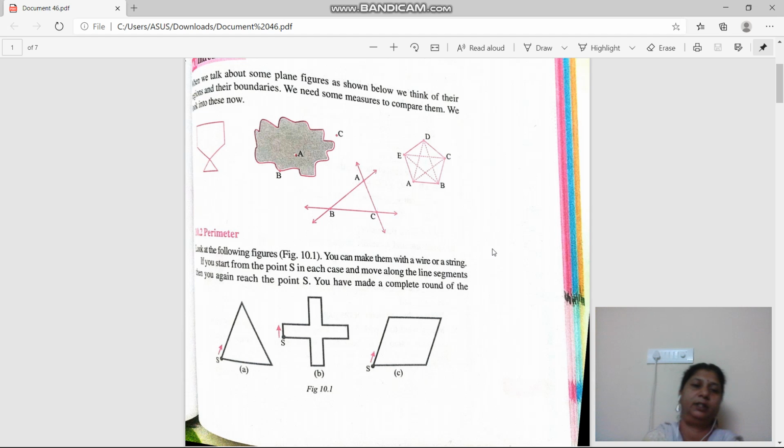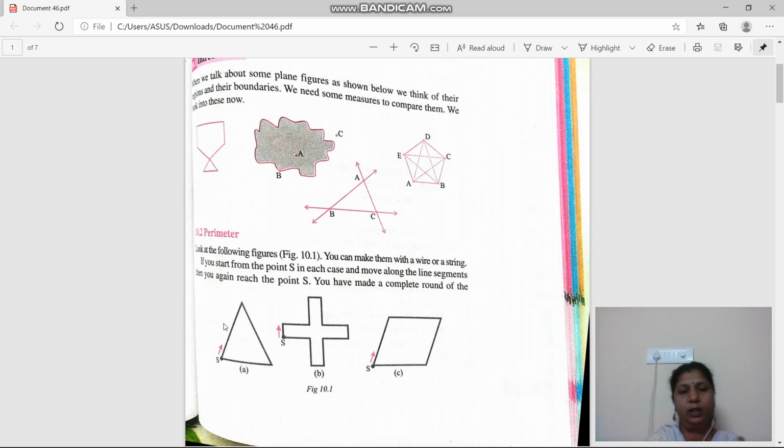Okay, now see here. If I want to measure the perimeter of a triangle, suppose this is the ground, and I start walking from this point S. I walk from this point to the next vertex, then I go to the second vertex, and I come back to the first one.